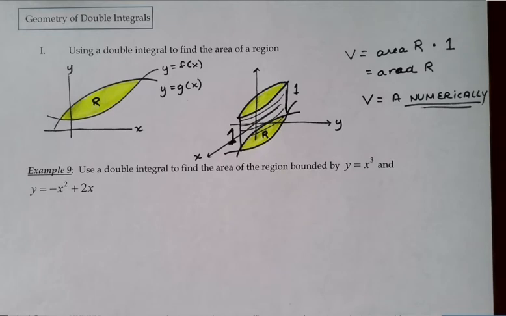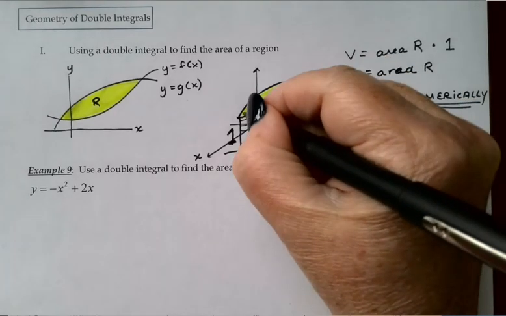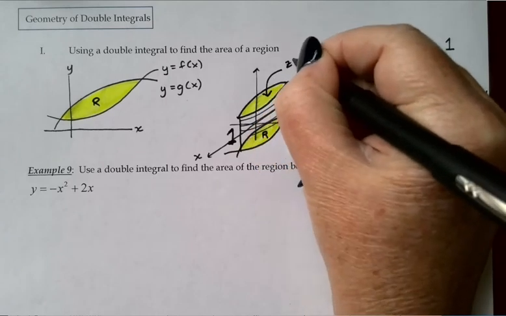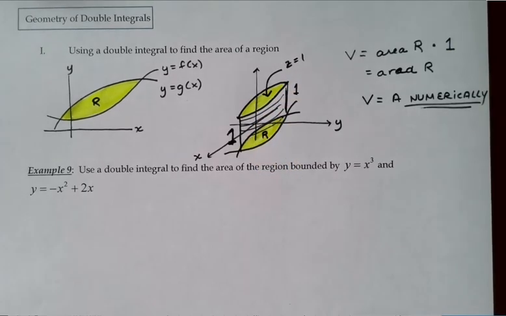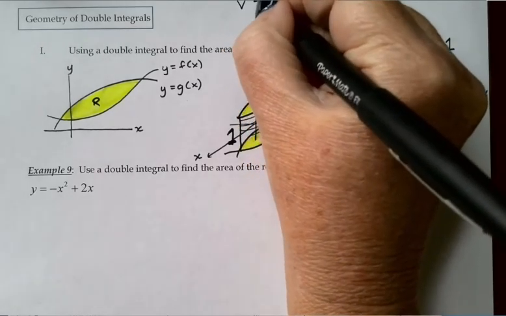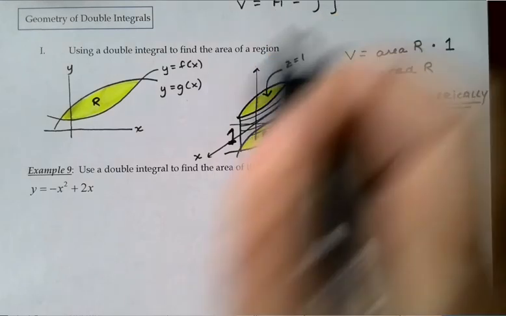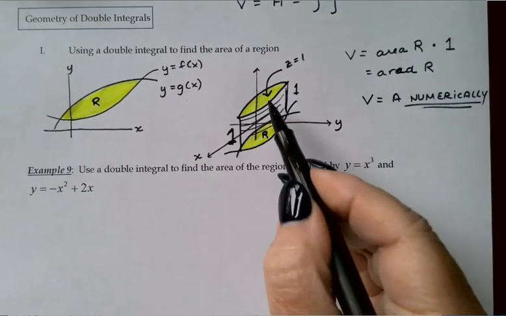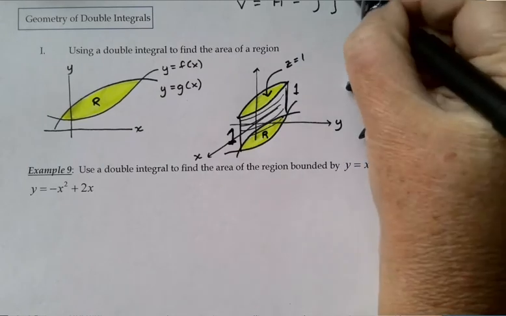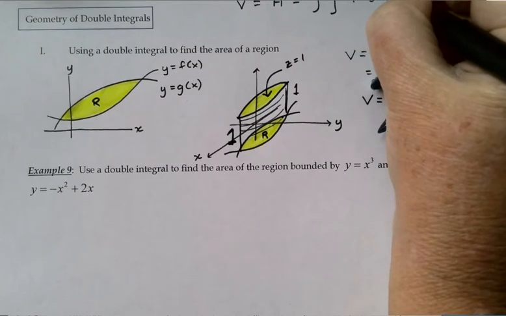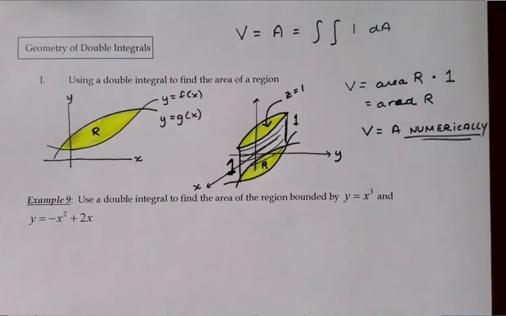Therefore, if I think of this top surface at a constant height of 1 as being the plane z equals 1, I could now find my volume, which is the same as my area, by taking the double integral of my height function, which is just z equals 1, dA.